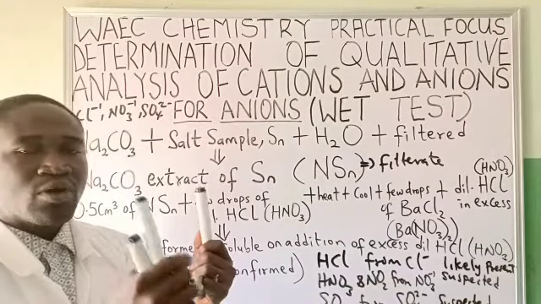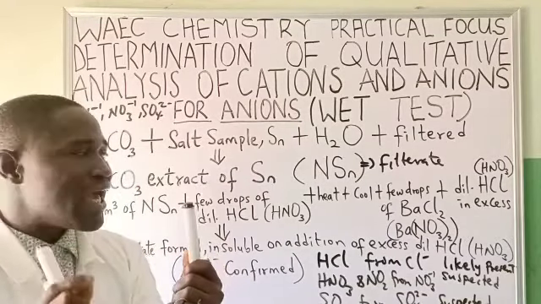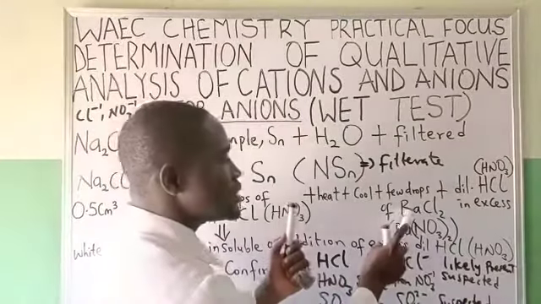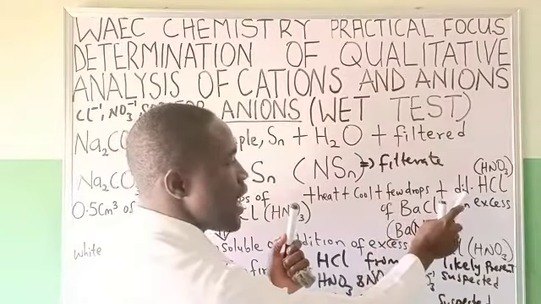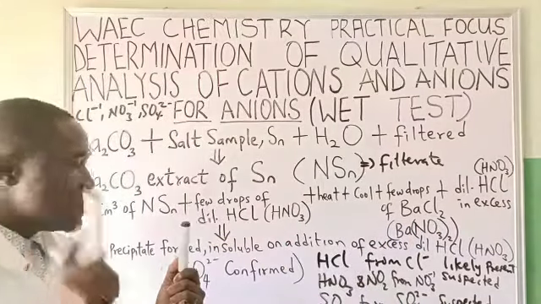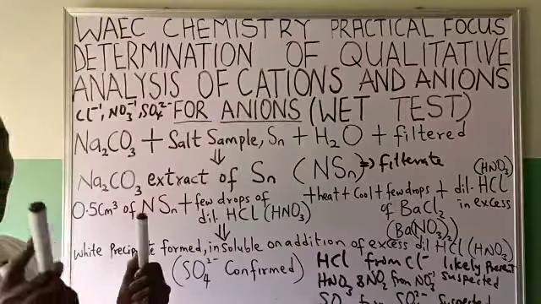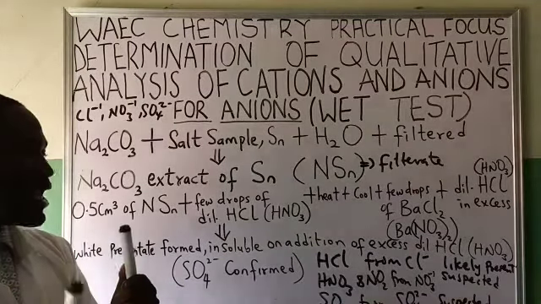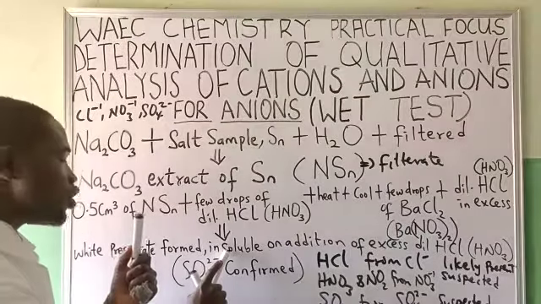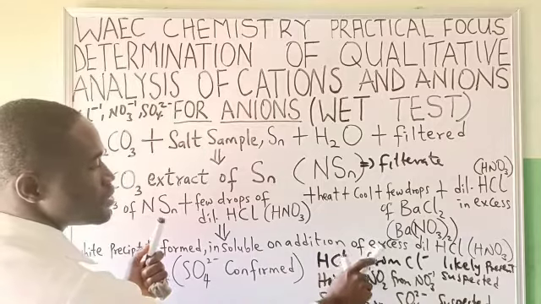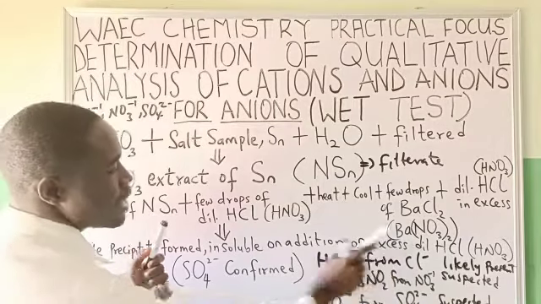Like you add milk to water, that is how it will look like. White PPT will be formed. Then when you add dilute HCl in excess, what you notice is that there will be formation of white precipitate, and that means there will be insoluble white precipitate formed, which is an addition of excess dilute HCl.